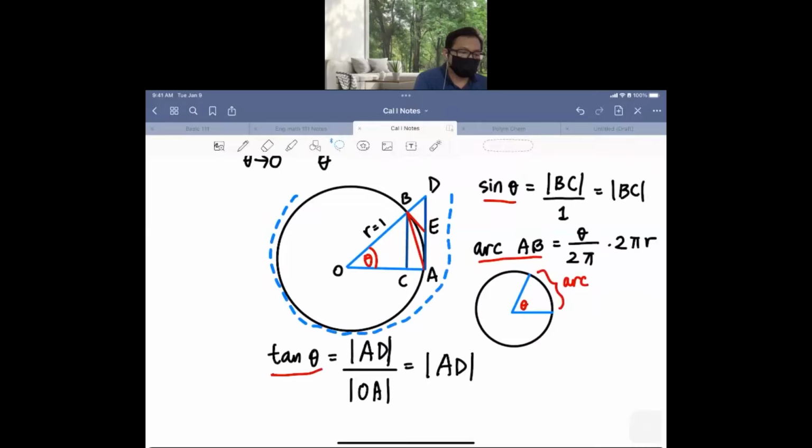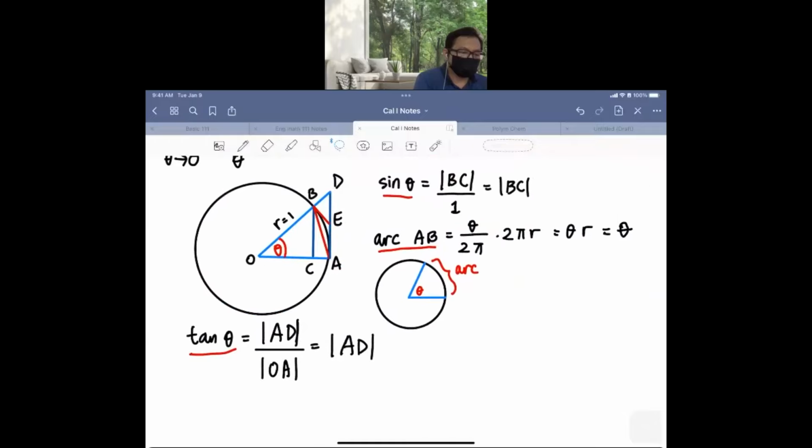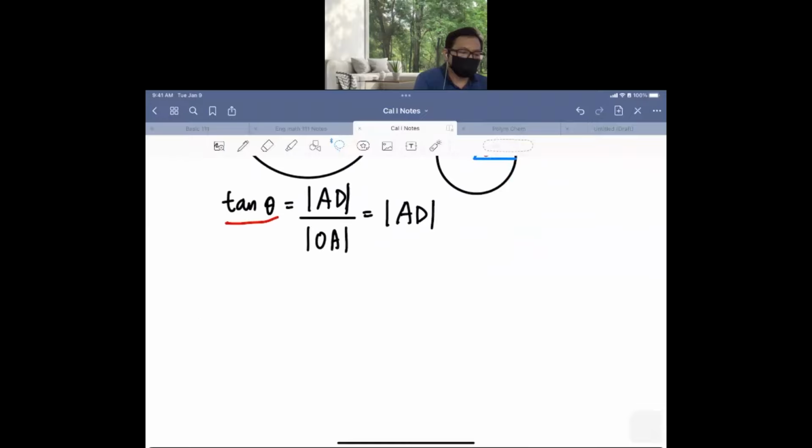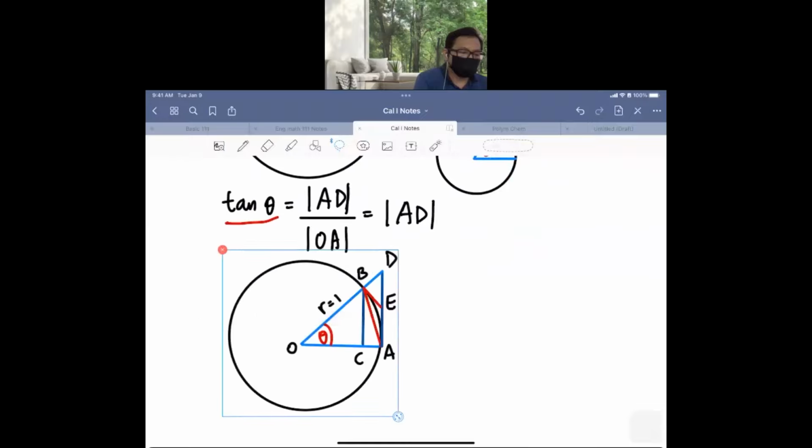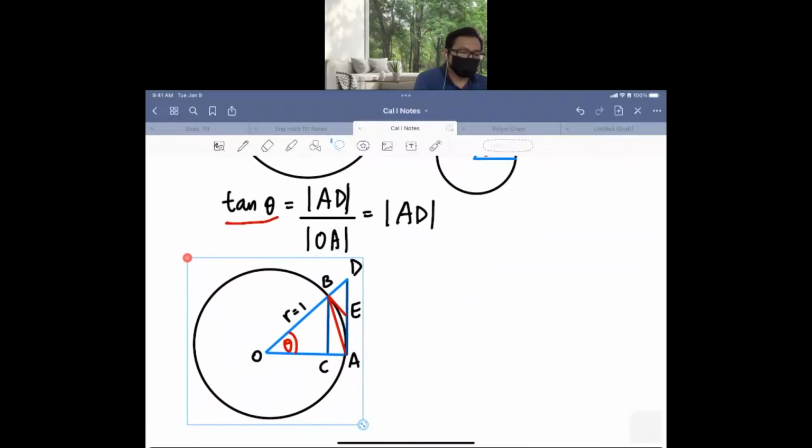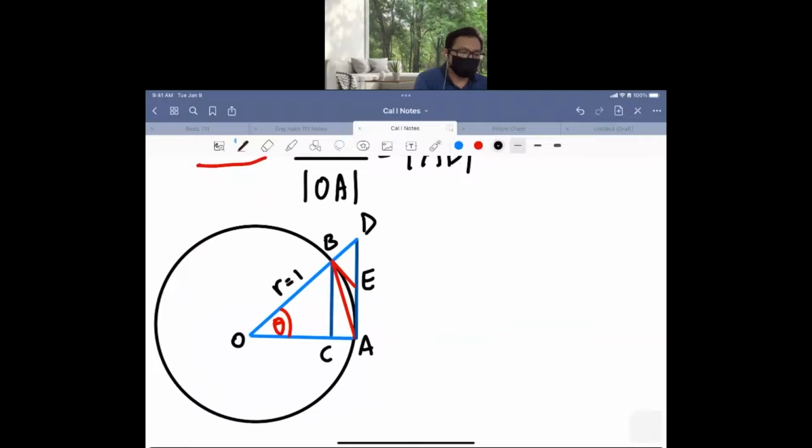Okay, let me copy this and make another circle below. Now let me paste this and let me write something.